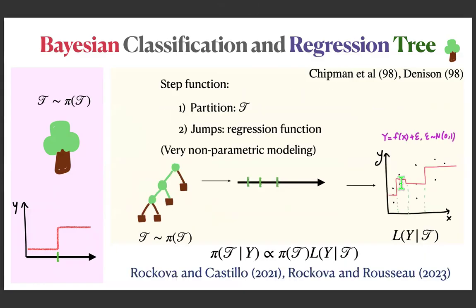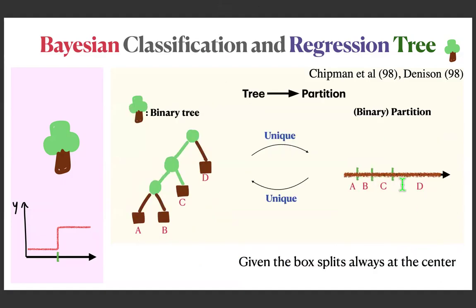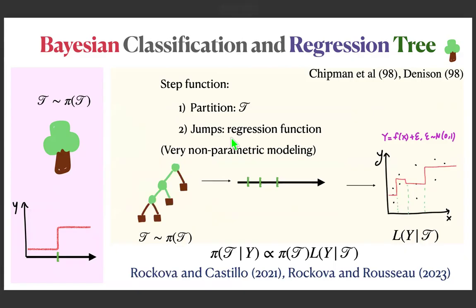With that tree, so far we have a partition, but how can we make a regression out of it? We can simply consider a jump on each bin. Then it makes a step function. I think a step function is a very scary function class because it looks very simple, but it can approximate any measurable function, so it's actually very nonparametric modeling.